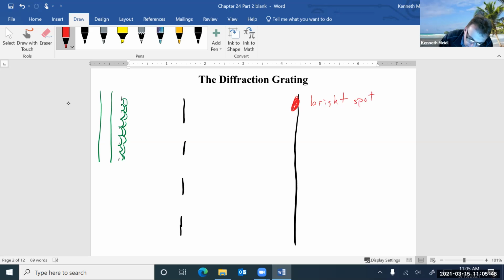And so here's the path that comes from that opening for the light to get there. And then here's the path that this ray has got to travel to get there.